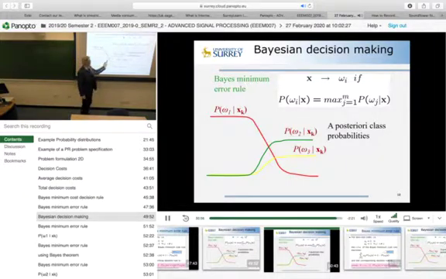Yeah, so everyone to the left of the crossing point where the red line is the highest, because this is where omega 1 is the maximum. How about omega 2? What region will we assign things into omega 2? Yeah, everything to the right of the crossing point here. And how about where we will assign things to omega 3? Never, nowhere, yes. It's never the maximum.